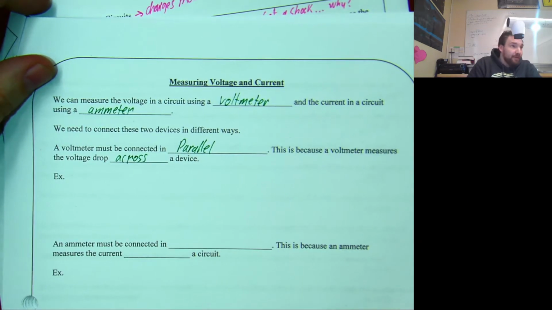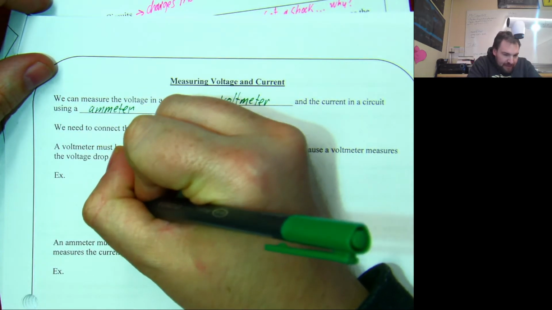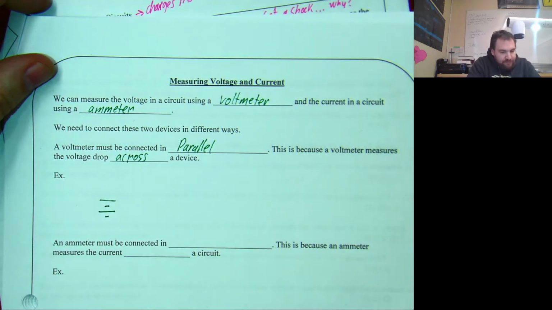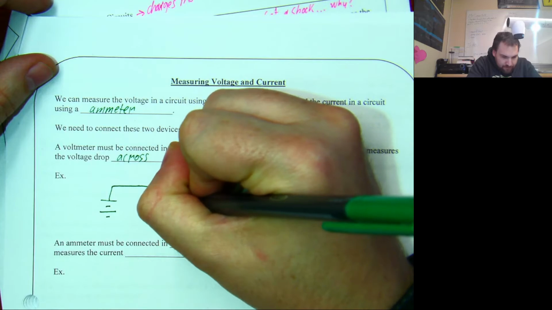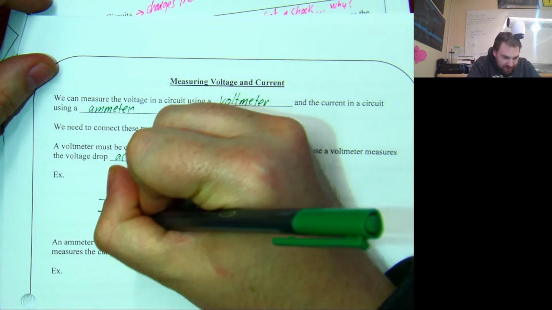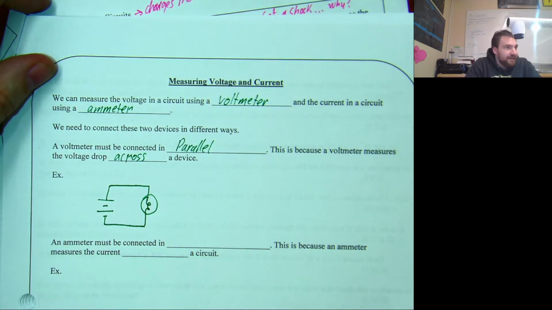So for example, let's say I have a simple circuit. I have a couple AA batteries. What device have I just created? Or a flashlight?